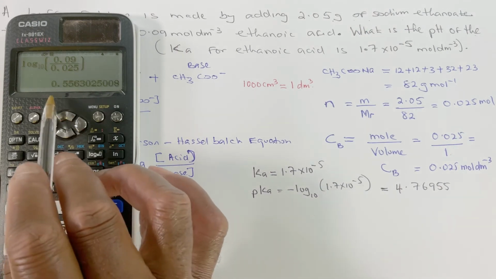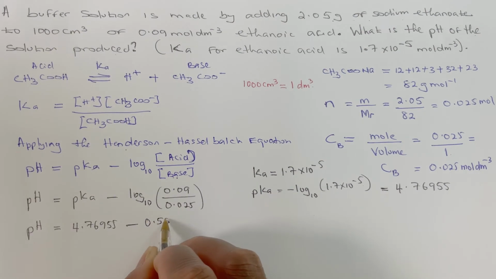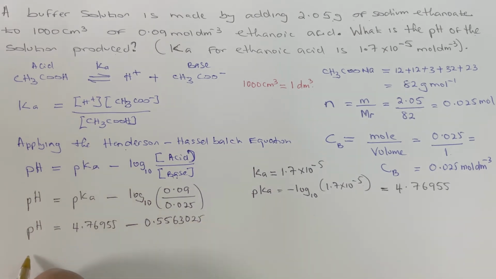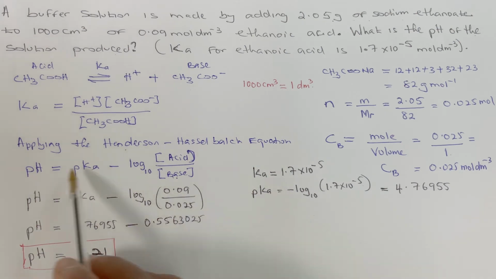So that's 0.5563025. Now to find the pH of the solution, I take that away from the pKa, and that gives 4.21. So that's how you use the Henderson-Hasselbalch equation.